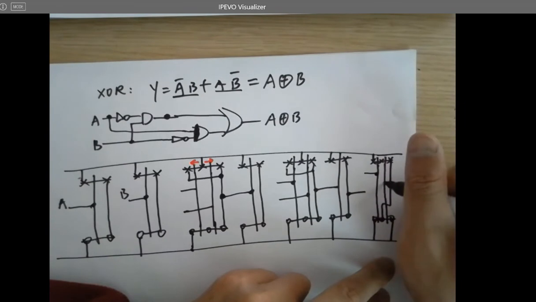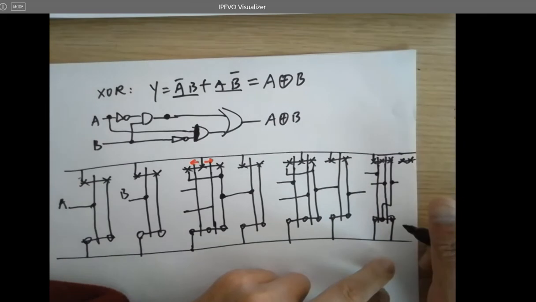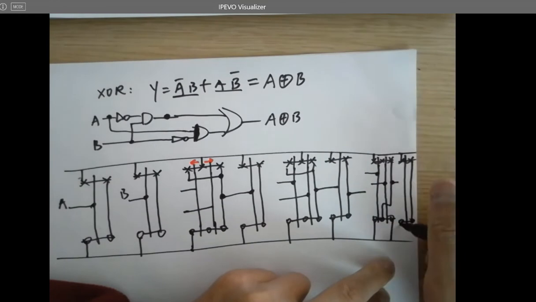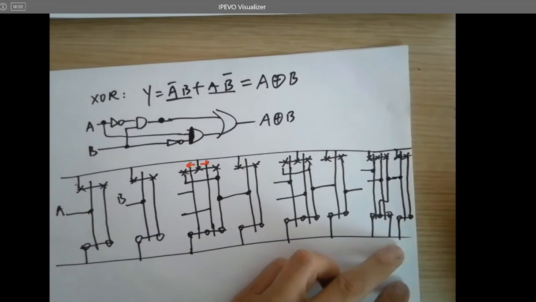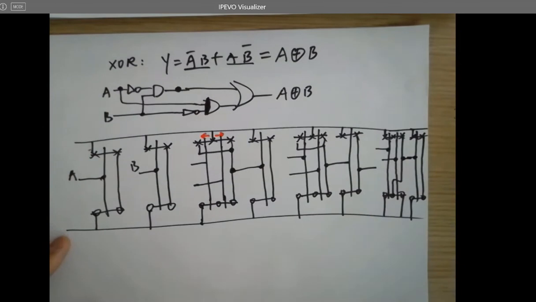These are the two inputs, and that's the output, and being inverted. So that's the OR gate. And now just make the connections.